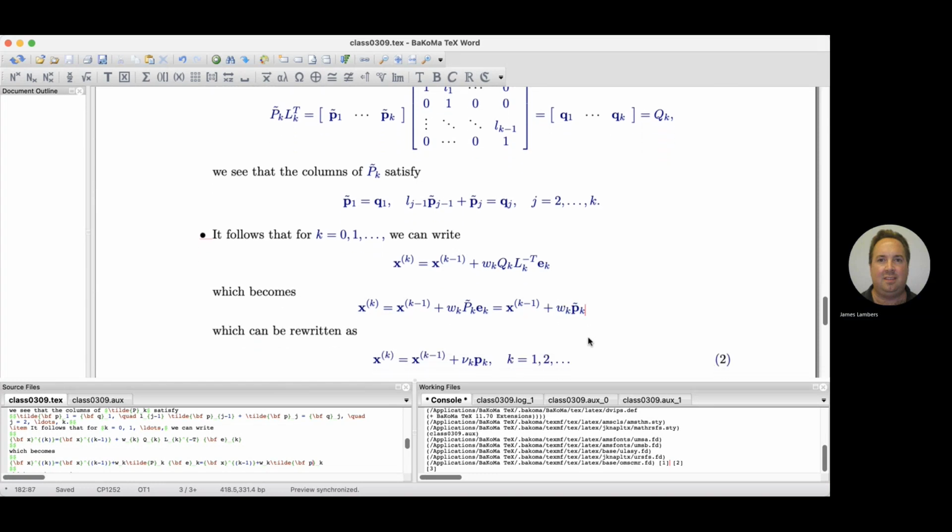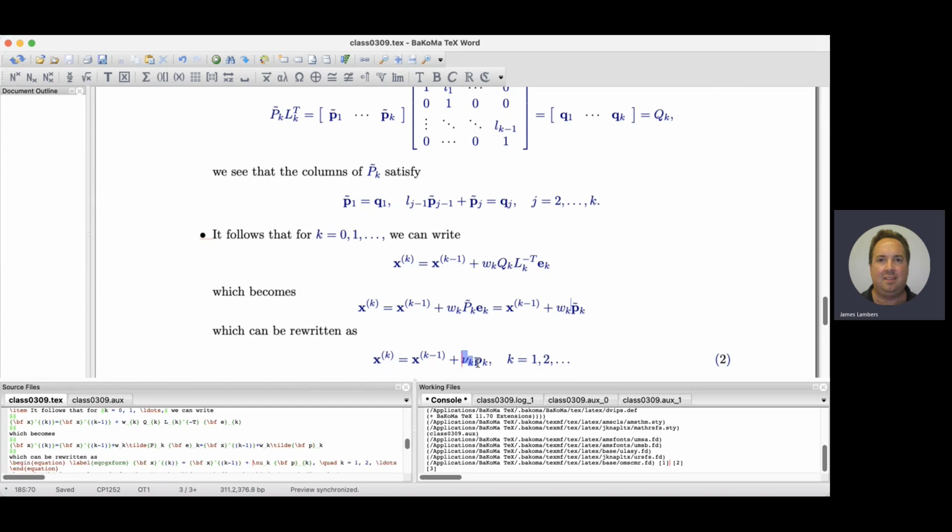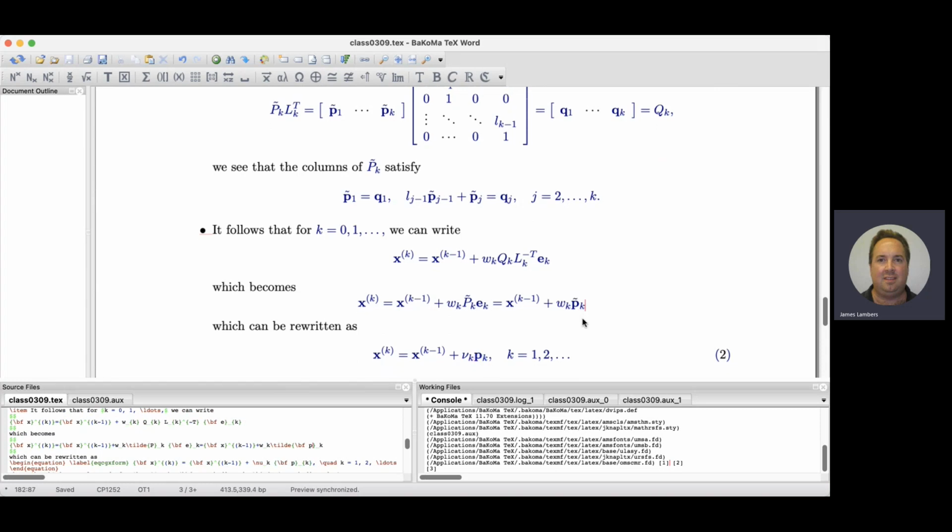So each new iterate is equal to the previous iterate plus some scaling factor times this vector. And I'm actually going to write it a little differently. So instead of w_k p_k tilde, I have this different scaling factor, nu_k, times p_k with no tilde.